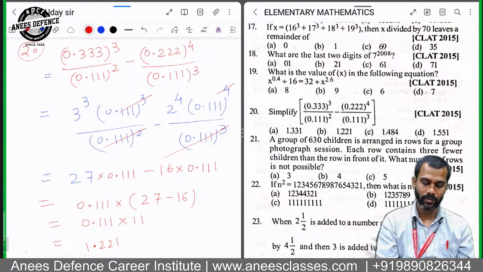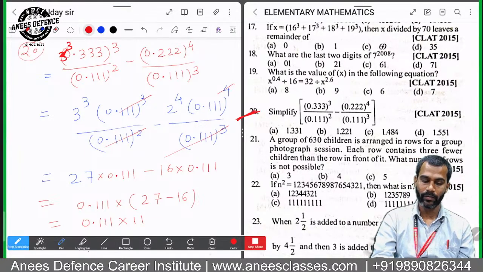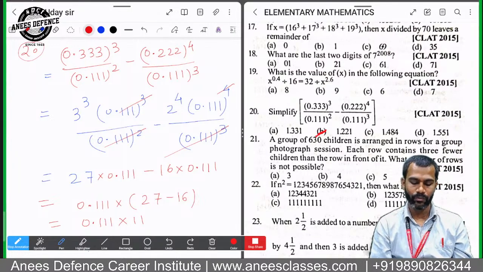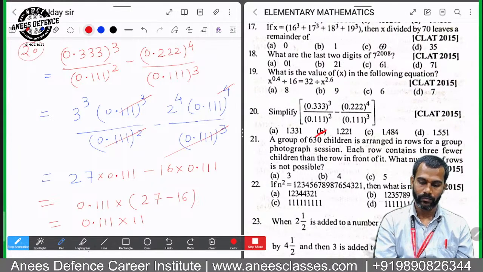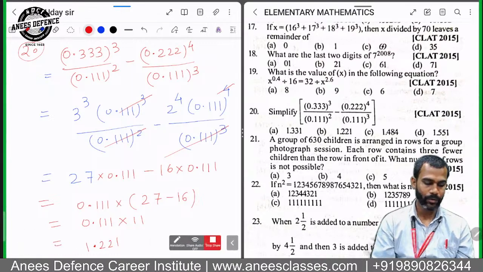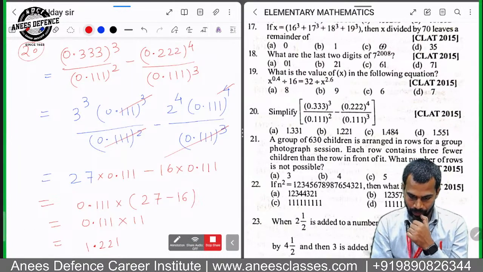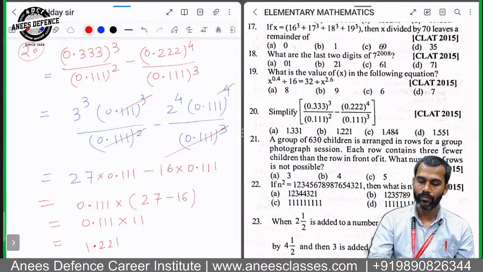Which one is the right answer? B. So B is the right answer, 1.221. Please copy. Please try to solve question number 21 now.